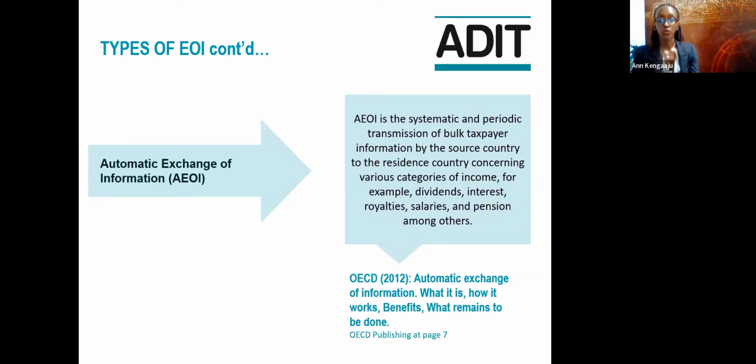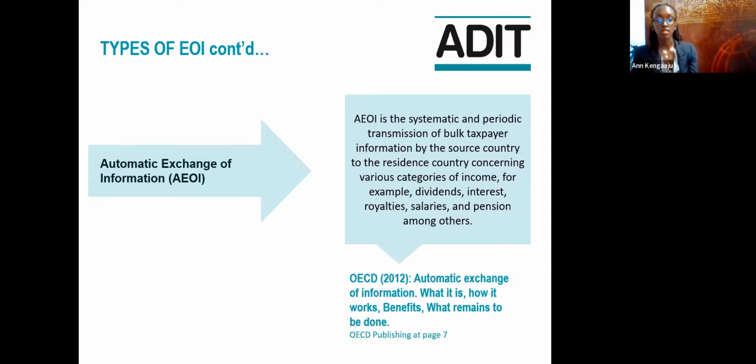So automatic exchange of information permits countries to draft their legislation in such a way that certain secrecies, for example, bank secrecy as it earlier was, where banks cannot share any information regarding their clients who hold accounts with them, is broken.